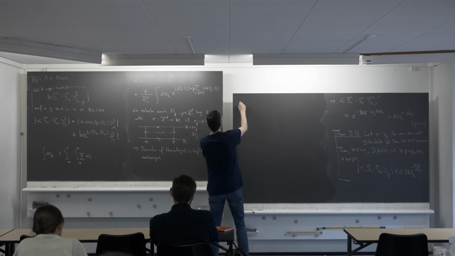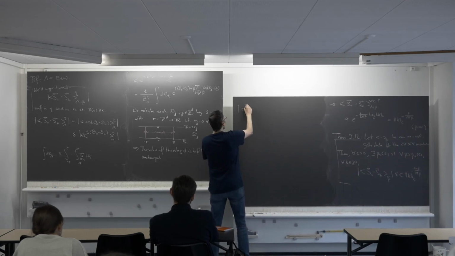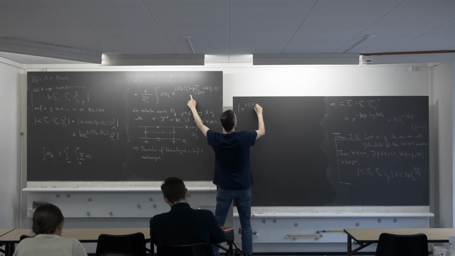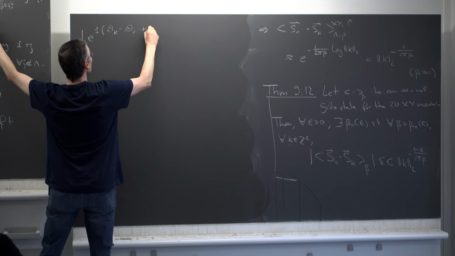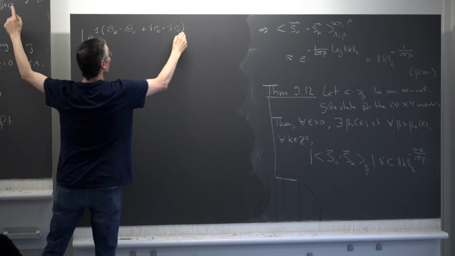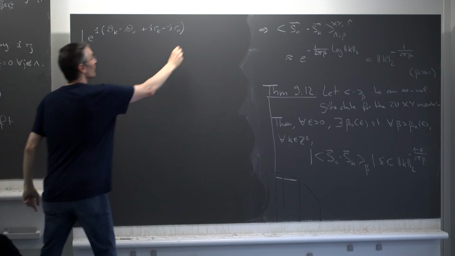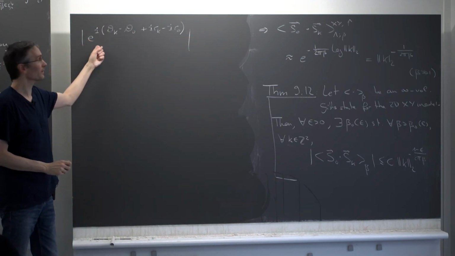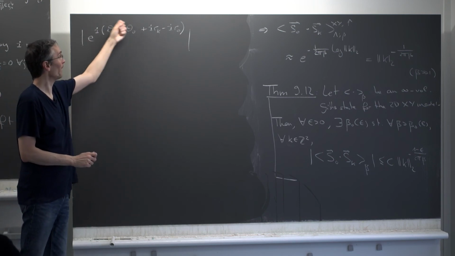You get one term which will be e^{i(θ_k − θ_0)}, which will become e^{i(θ_k − θ_0) + i(r_k − r_0)}. Okay? Modulus. So the modulus of this part is 1. That's what we said before, and that was what was very bad. We were not very happy, but it was 1.